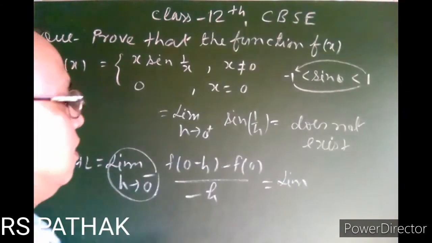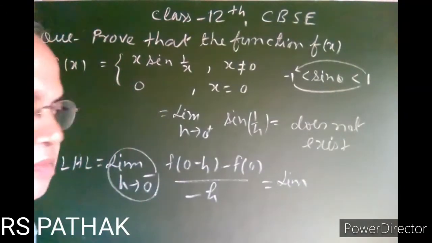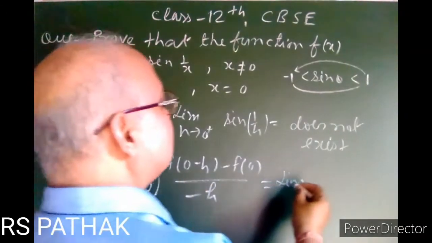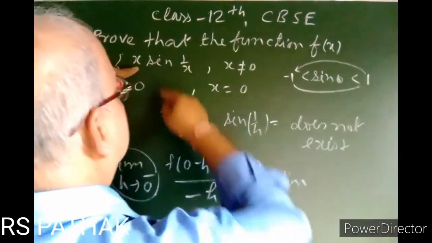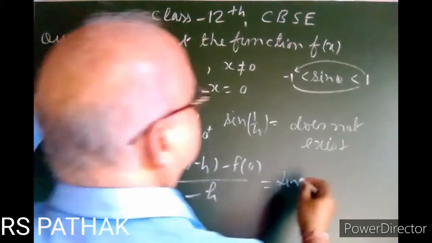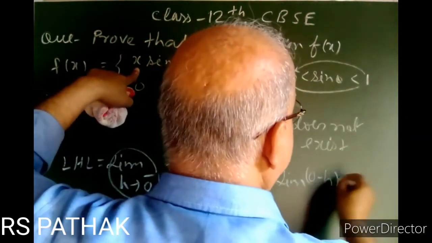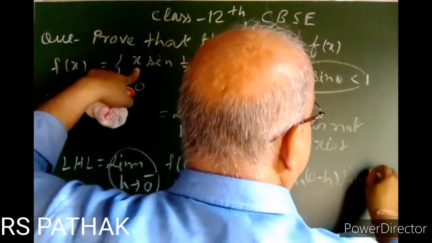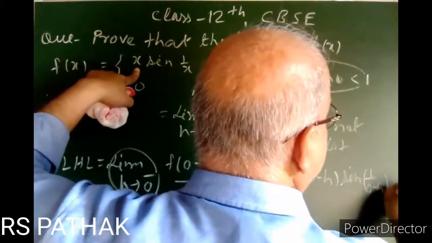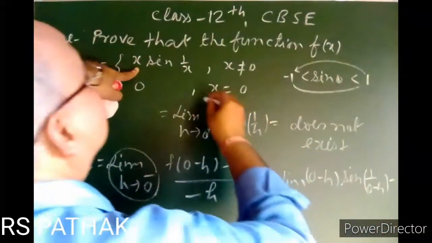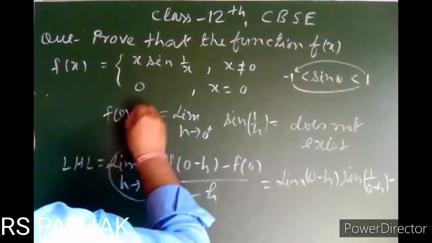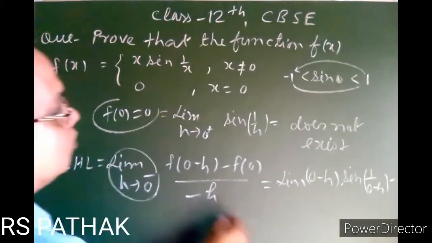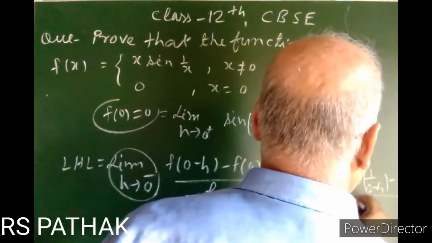It does not have any meaning. In place of x we will put 0 - h. So, (0 - h) sin 1 upon (0 - h) minus 0, the value of f(0) being 0, upon minus h.